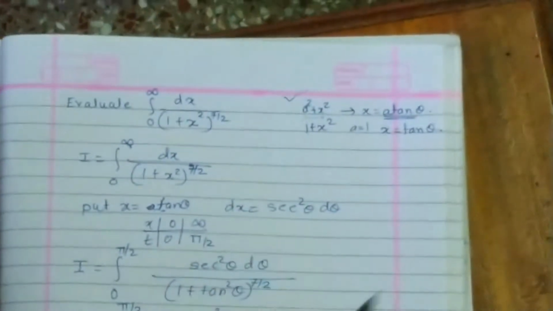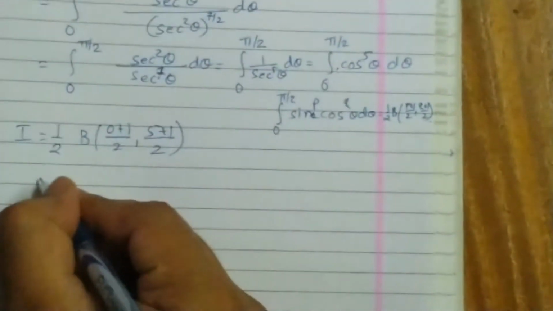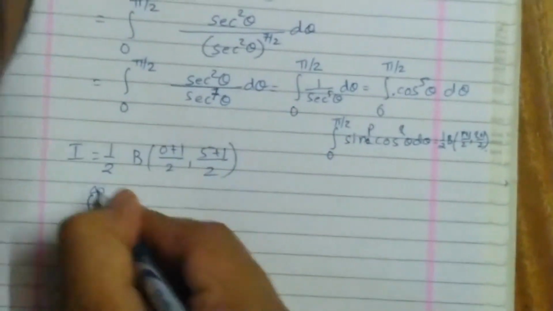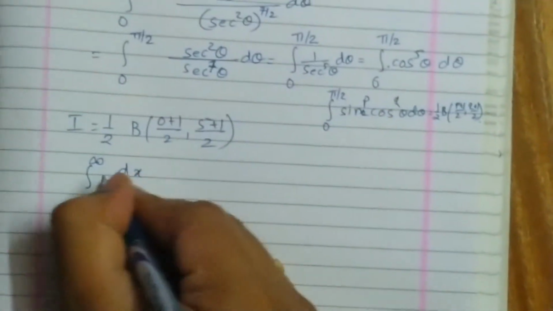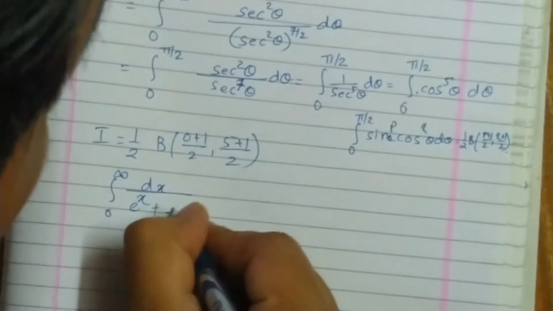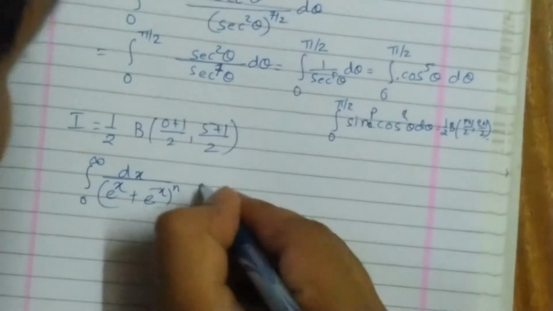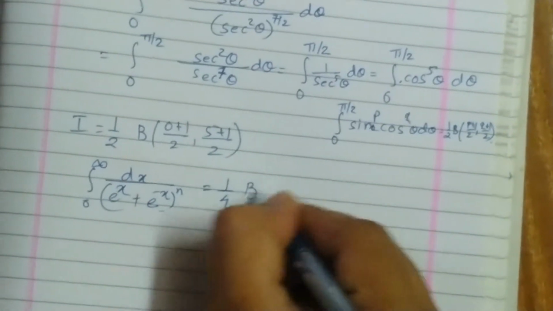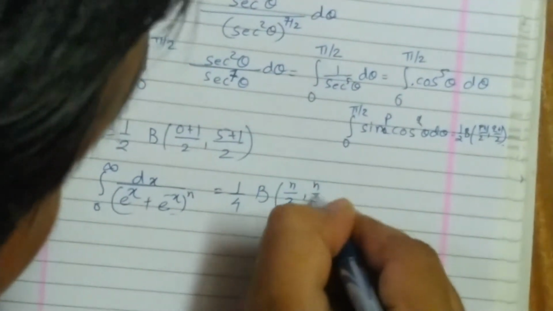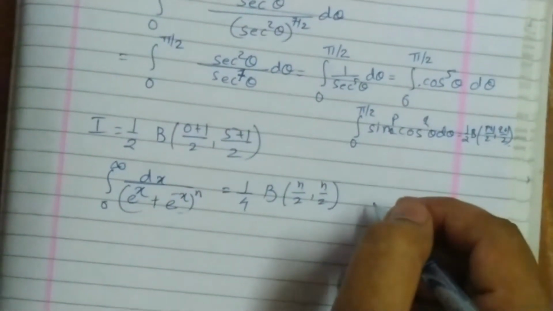So the question is: prove that integration from 0 to infinity dx upon e raised to x plus e raised to minus x bracket raised to n is equal to 1 by 4 beta of n by 2 comma n by 2. This is a popular example in the university examination.